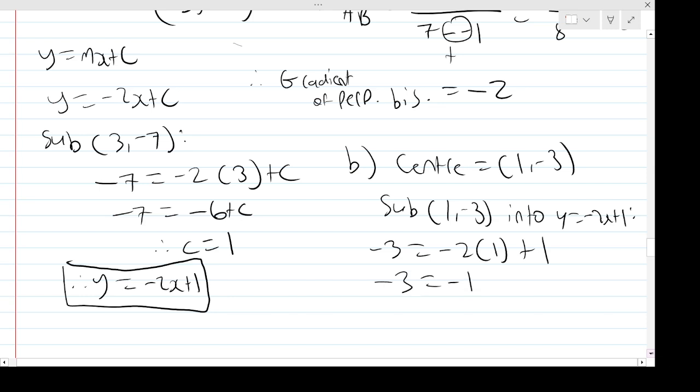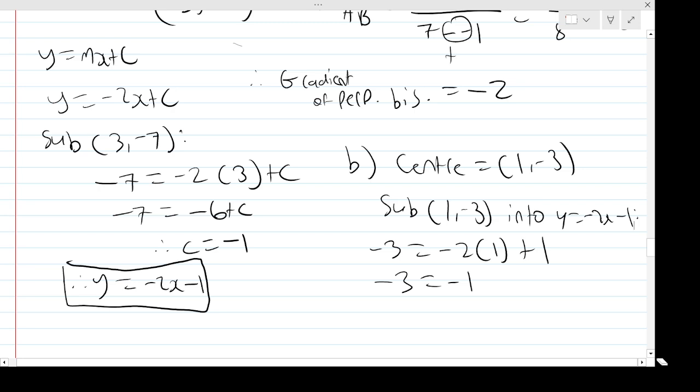Oh, have we gone wrong? Ah, here, c is -1. I don't know why I'm making silly mistakes here. So, no, sorry, my equation is -2x minus 1, because I add 6, but -7 add 6 is -1. Okay, so I corrected that, which means that this will be -2x - 1.